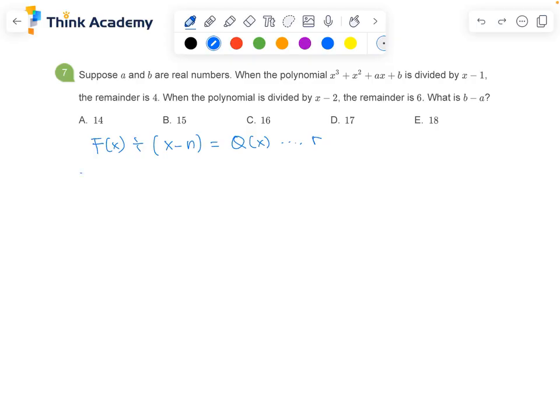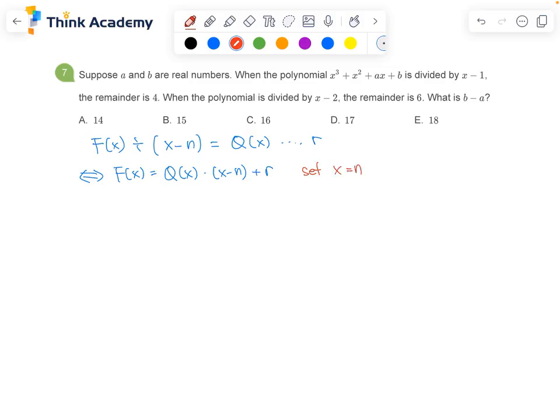So what does this mean? Well, this just means that f(x) is just q(x), the quotient, times x minus n, the divisor, plus r, right? So let's try to set x to be n.